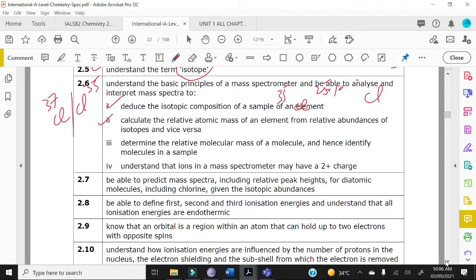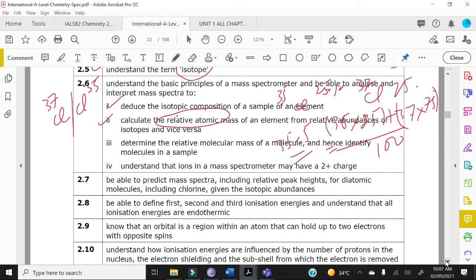And Cl37 is how much? 75%. So 35 times 25 plus 37 times 75 divided by 100, you get the answer to be 35.5. This is how the relative atomic mass is calculated.